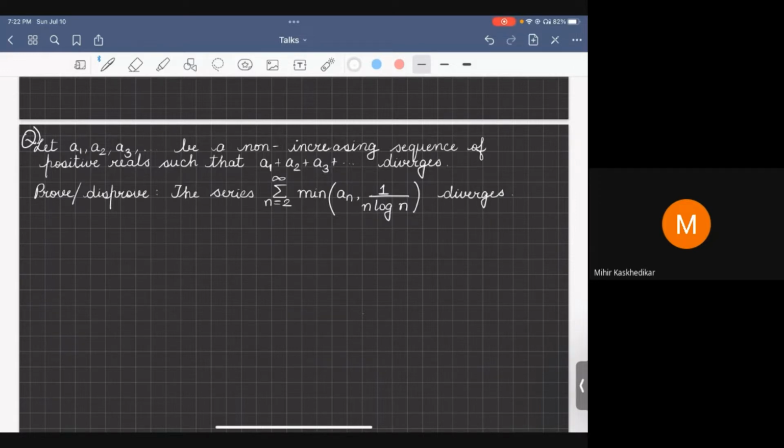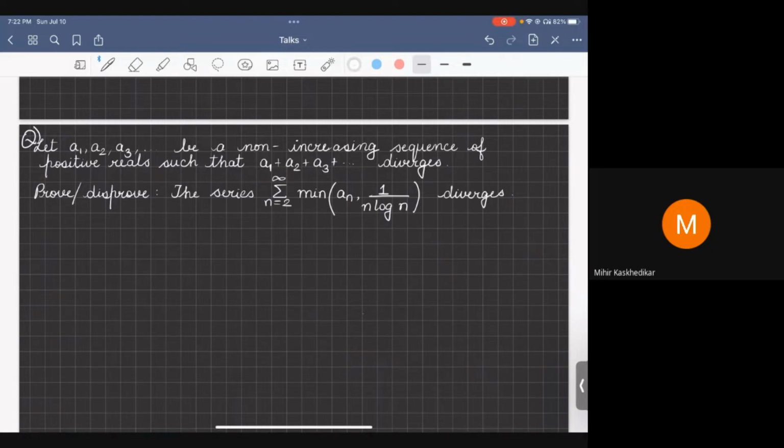Sure. So when we take the min terms, at least one of the series will have infinite terms in this new series. Yes. And since they belong to a diverging series and they are a subsequence of that sequence.